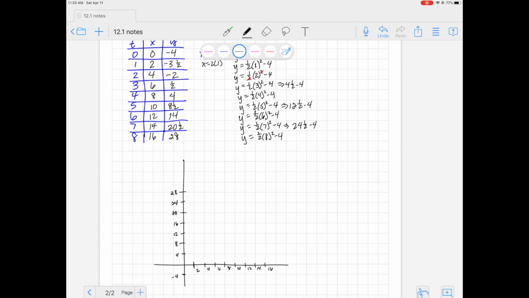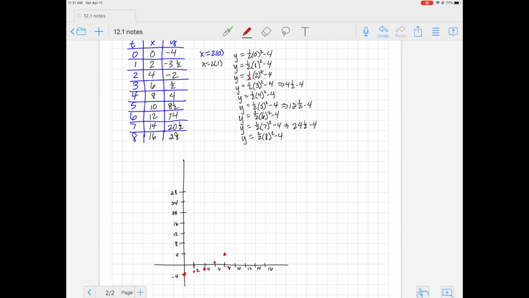Okay, now let's put our points on there. So I have the point 0, -4. Then I have the point 2, -3.5. So it's really close to that. Then I have the point 4, -2. Then I have the point 6, 1/2. Then I have the point 8, 4.